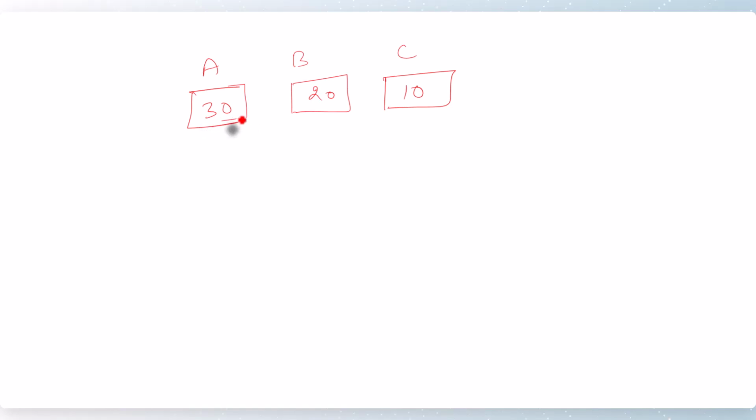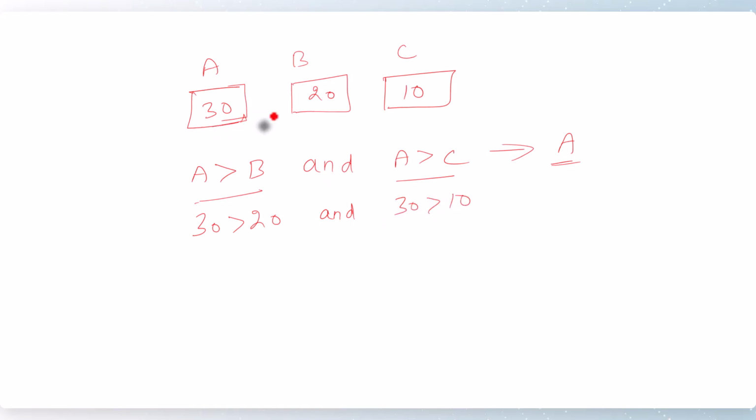First you are going to compare A with B and C. You are going to check if A is greater than B and A is greater than C. In this case, which is the maximum or largest number? A, right? 30 is greater than 20 and 30 is greater than 10. So 30 is greater than B and C. So in this case, 30 is the greatest number. That is condition 1 here.